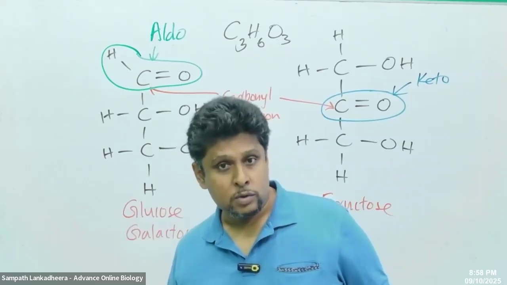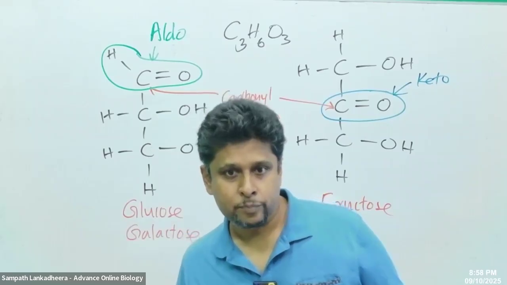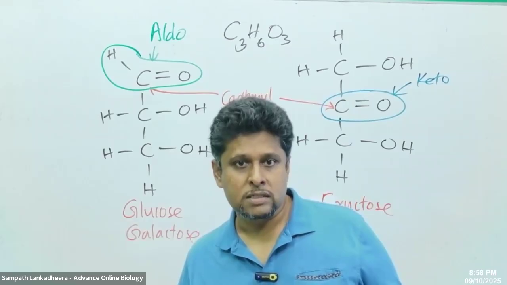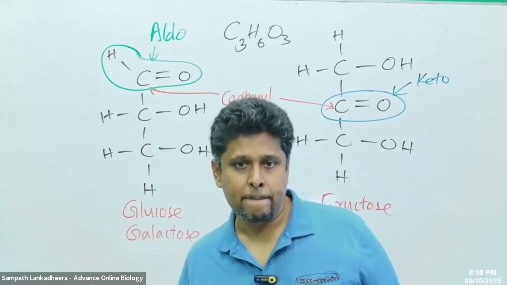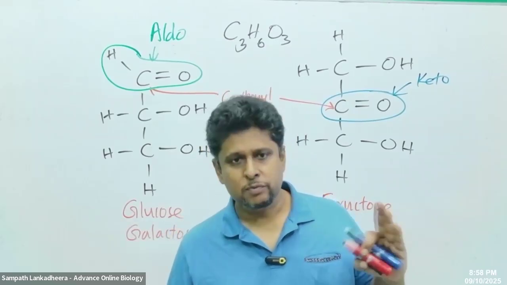Aldo sugars and keto sugars. So octoses exist in nature. Normally people say 7 carbon atoms for a monosaccharide.